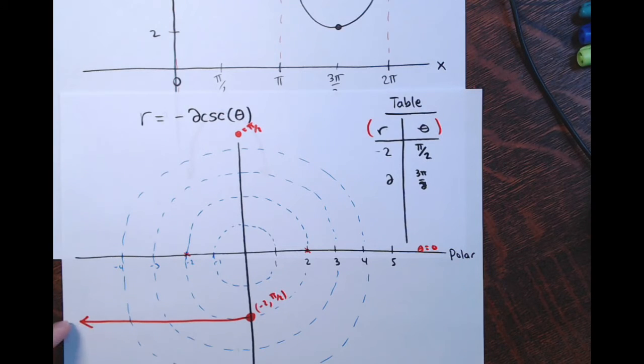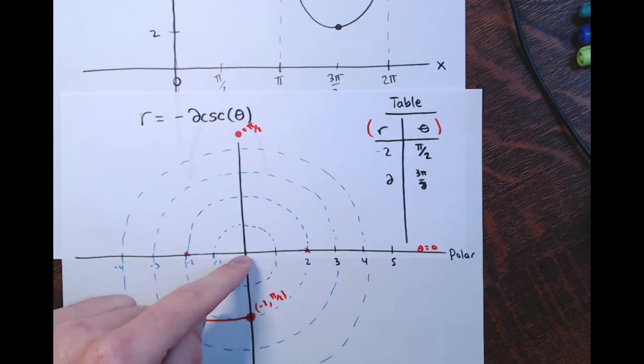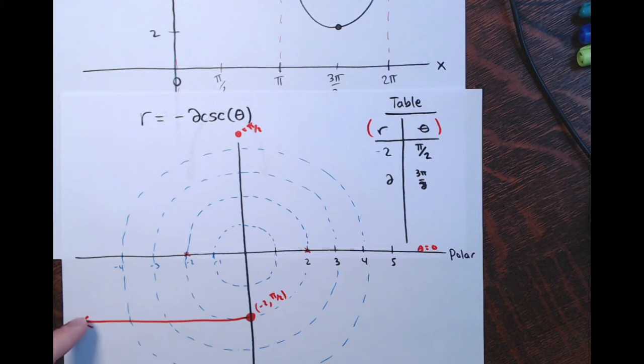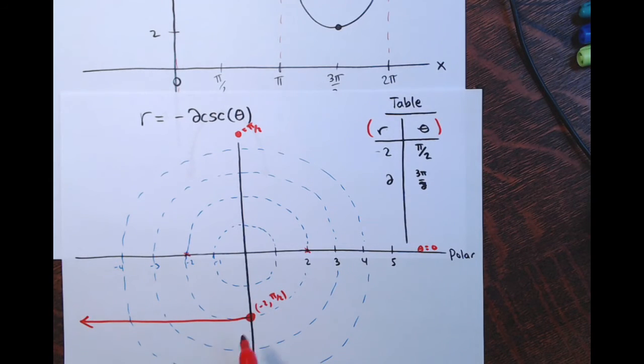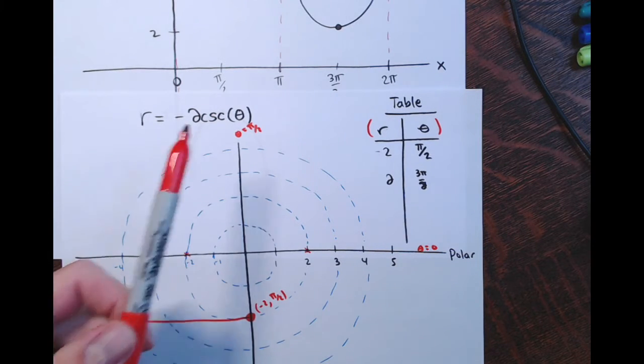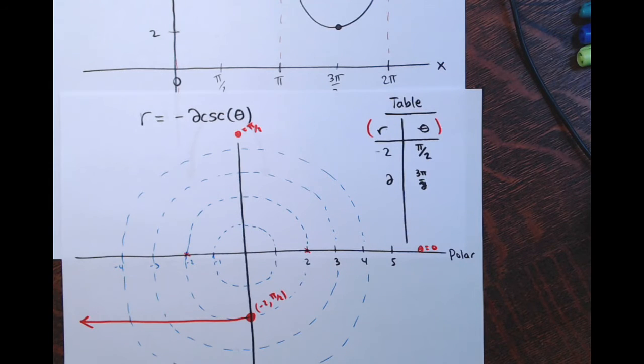And we're going from values of r equals -infinity, so points that are infinitely far away from the origin, all the way to points that are -2, 2 units away from the origin. So this kind of connection. And we're going to see it's a horizontal line. In fact, it would be a lot easier to actually just change this to its rectangular version. Change this so that it's the equivalent equation in x's and y's, convert it to rectangular form, and you'll see that it's the graph of a horizontal line.